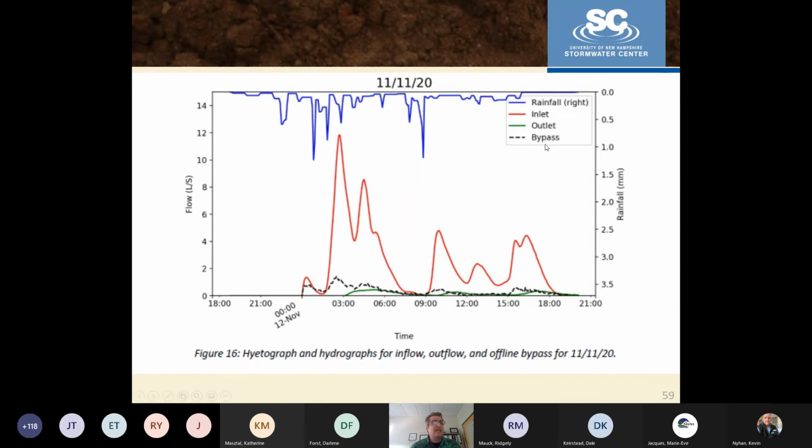And you can see here, just like the inlet that I showed you in the cartoon earlier on for the gravel wetland, we see a very dynamic inlet hydrograph inspired by the rainfall pattern. Rainfall here is in the right-hand vertical axis, flow is in the left-hand vertical axis, and then we just have a storm event. The outlet is really shown in green.